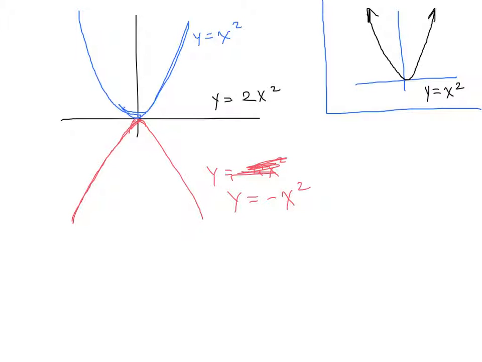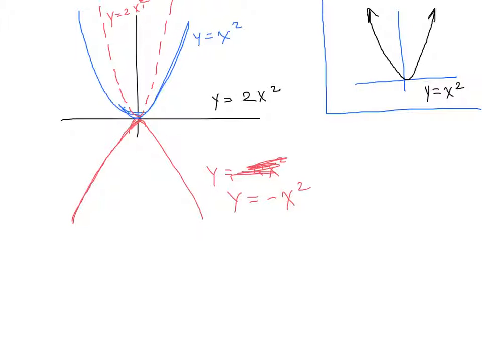So if the graph is climbing twice as fast, then you would get a narrower graph. So it would look like this. So this graph is climbing twice as fast, and that's the graph of y equals 2x squared.